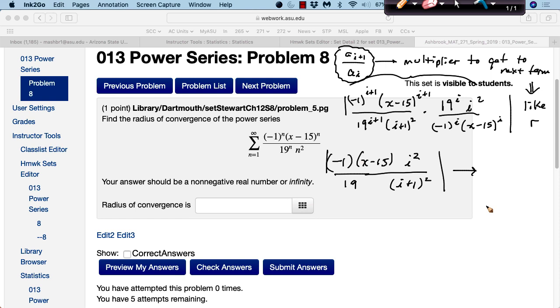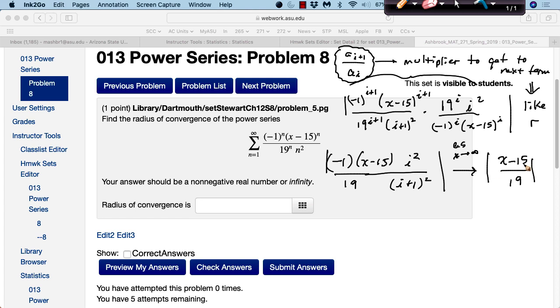As i gets really big, what does that thing do? It becomes the absolute value of x minus 15 over 19. The absolute value of -1 is just 1. And the limit of i squared over i plus 1 squared is a really easy limit. That's just 1. So we get this.